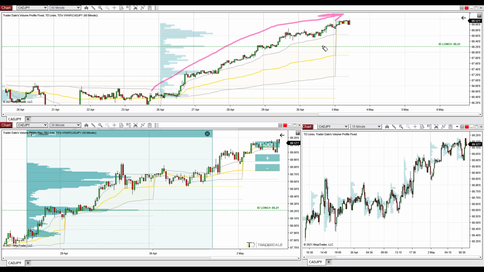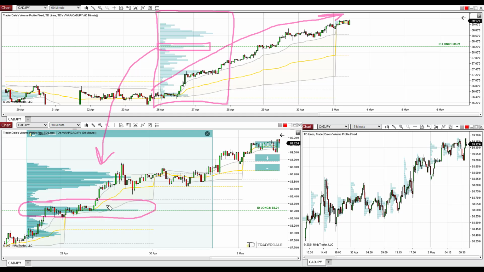But now there is one pretty recent volume cluster which got formed last Thursday, and that's the one I would like to talk about. If you look at the weekly volume profile, then it is this one. More detailed in here on the 30-minute chart.